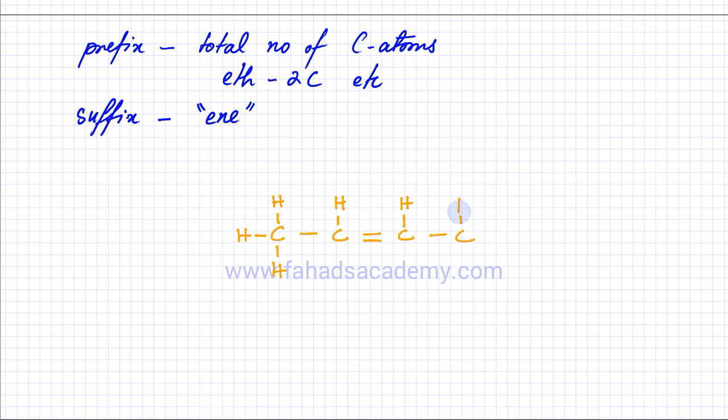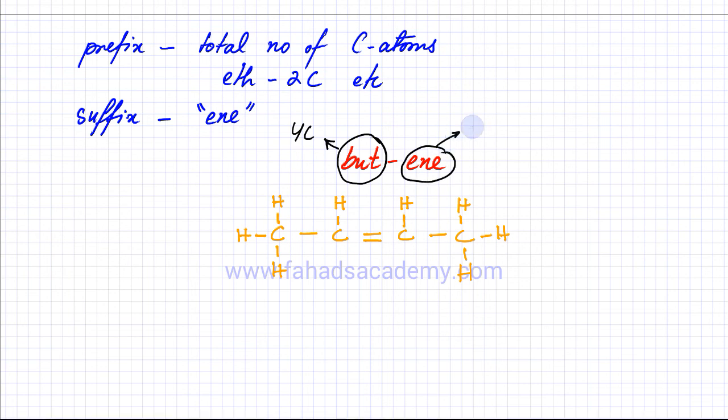This needs 3 bonds to complete the bonds. Now this is a molecule which has 4 carbon atoms, which means if I try to name this molecule, the name should start off with but. The reason is that it has 4 carbon atoms, and since it's an alkene, it should end with "ene". So but over here means that the molecule has 4 carbon atoms, whereas "ene" means that it's part of the alkene homologous series.